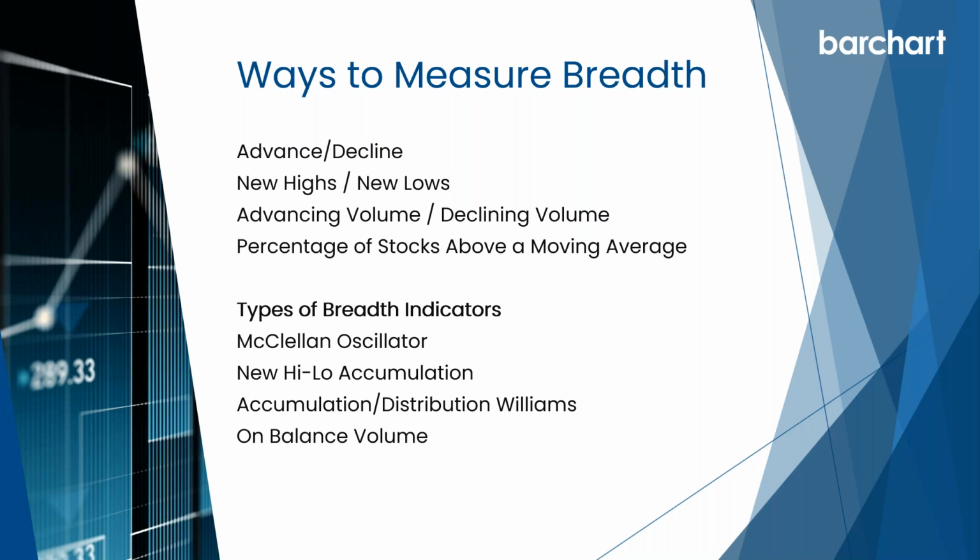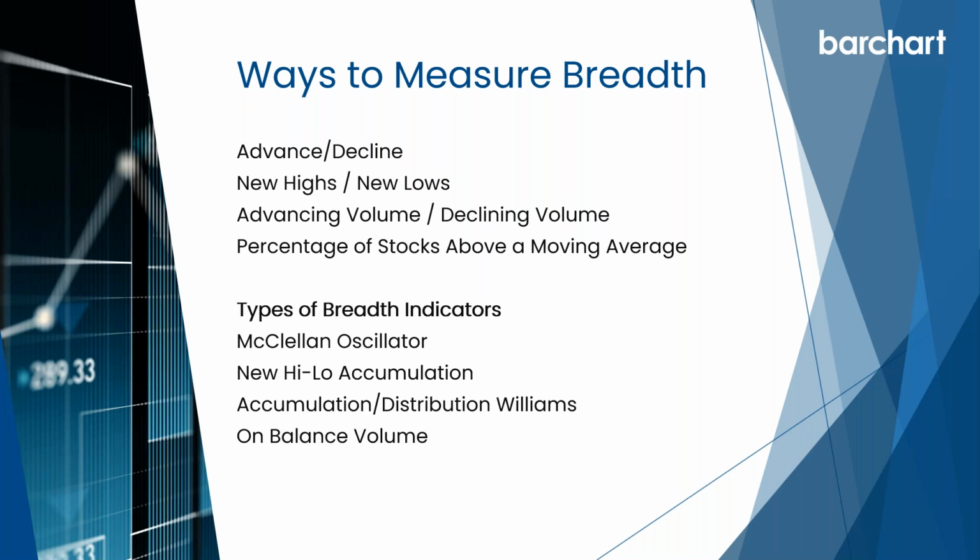We can look at total advancing volume, let's say, of all the markets, or we can granularize this again by exchange. And then the percentage of the number of stocks above a moving average. The Barchart moving averages available for examination are the 5, the 20, the 50, which is my favorite, the 100, 150, and 200-day moving averages.